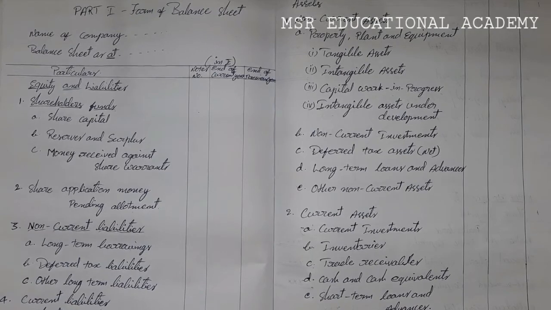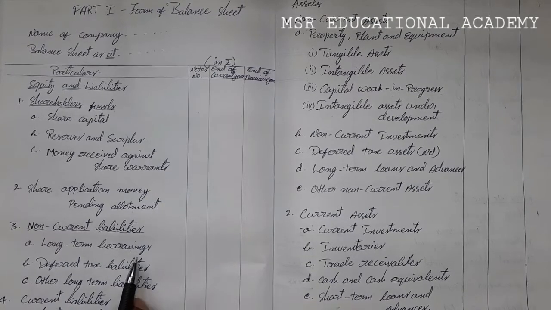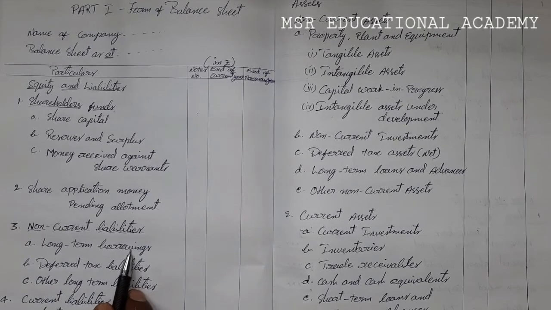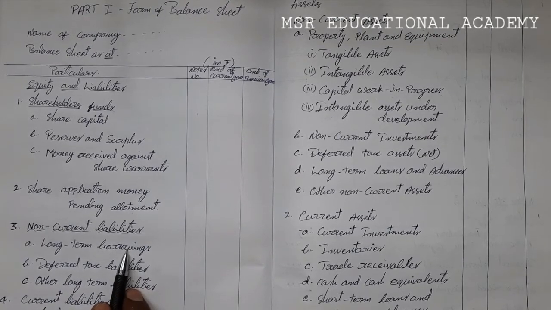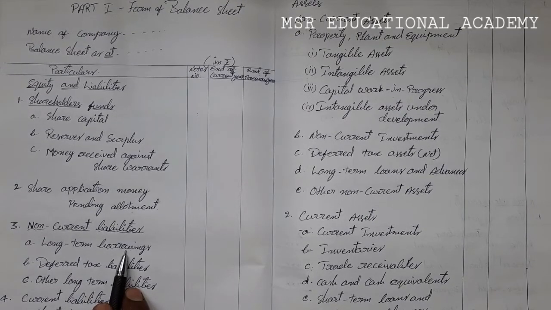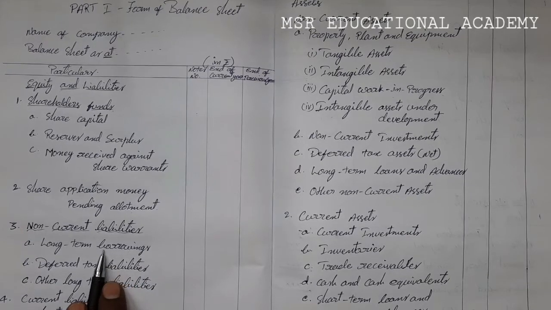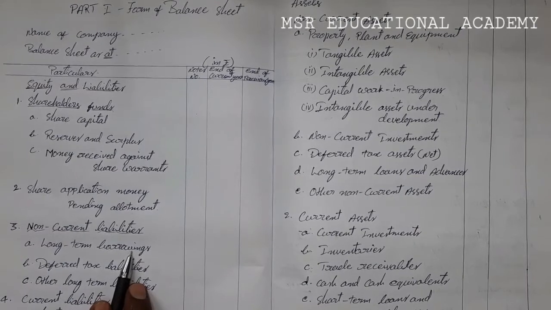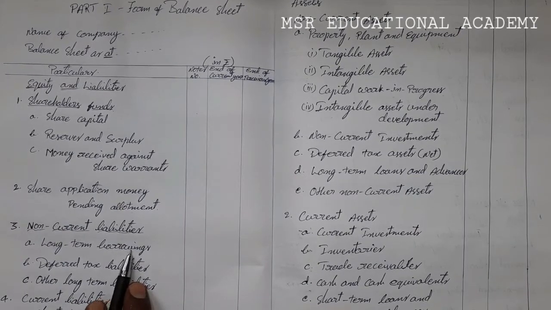Long-term means more than one year; the loan has been taken for more than one year. Debentures also come under long-term borrowings. The items that come under long-term liabilities, that is long-term borrowings, we discuss under notes to accounts.